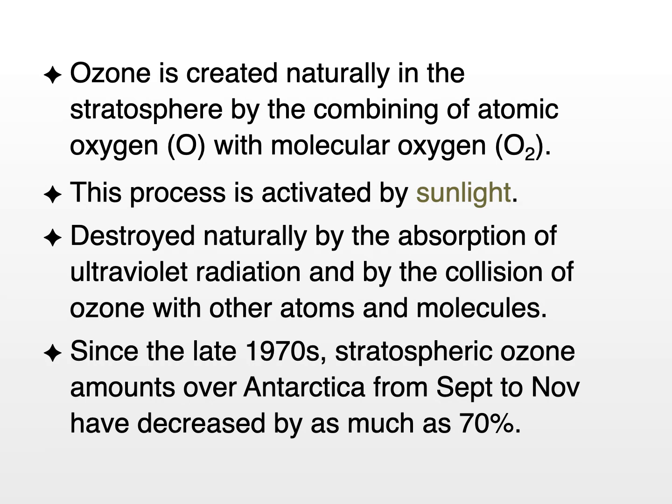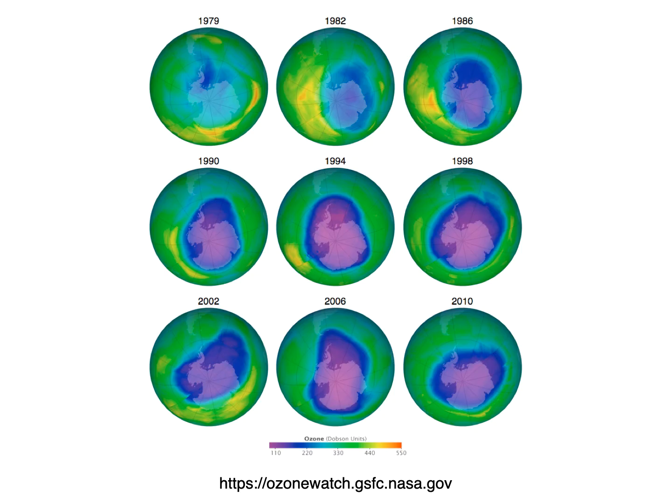Since the late 1970s, stratospheric ozone amounts over Antarctica during spring, from September to November, have decreased by as much as 70%. So a hole develops, it lasts for a number of weeks, and then it fills back in. So the following images of the South Pole show the increase in the size of this hole.